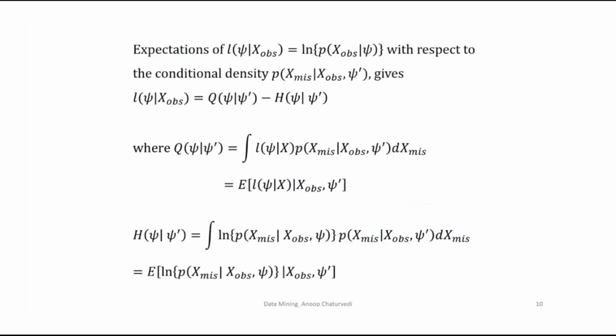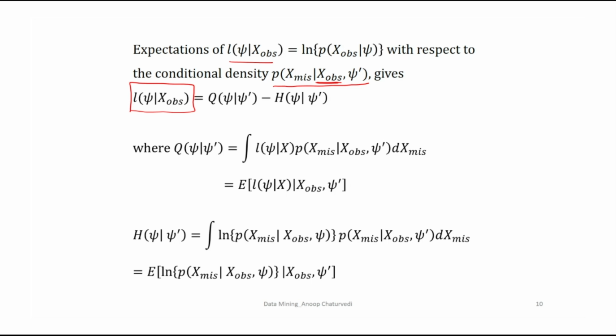Now, we take the expectation of L of psi given x observed, which is equal to log of p of x observed given psi, with respect to the conditional density p of x missing given x observed and psi dash. Now, notice that in this conditional density x observed is given. So, the expectation of the left hand side remains the same.